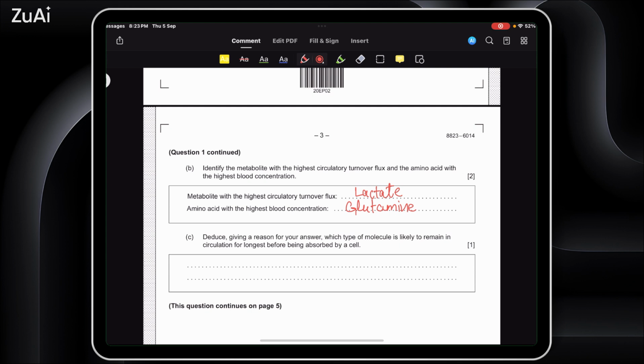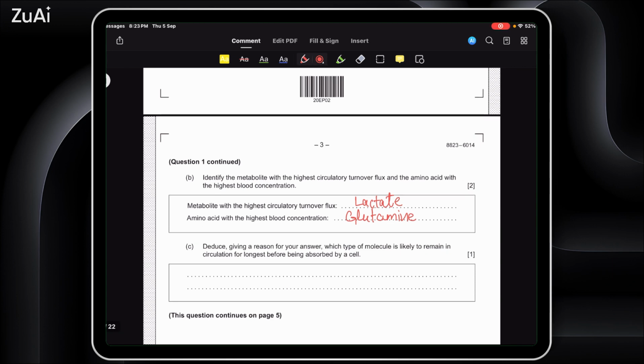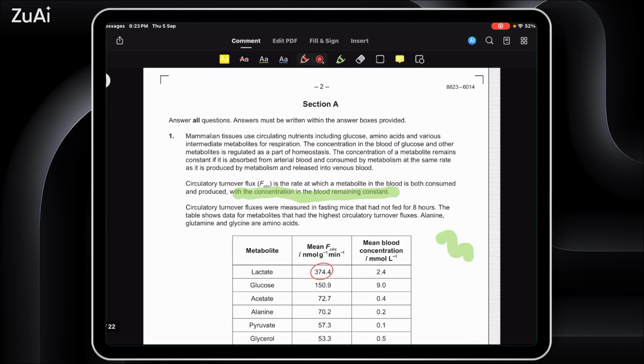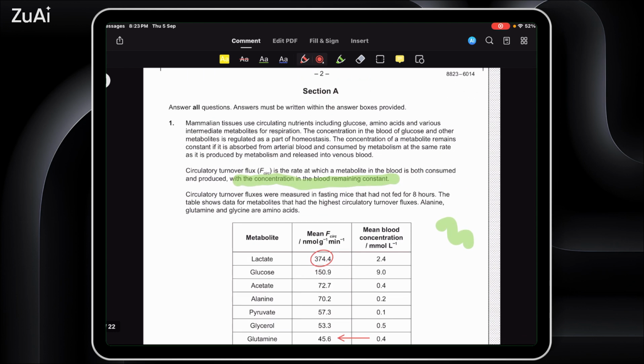Deduce, giving a reason for your answer, which type of molecule is likely to remain in circulation for the longest before being absorbed by the cell, which has the lowest turnover flux.